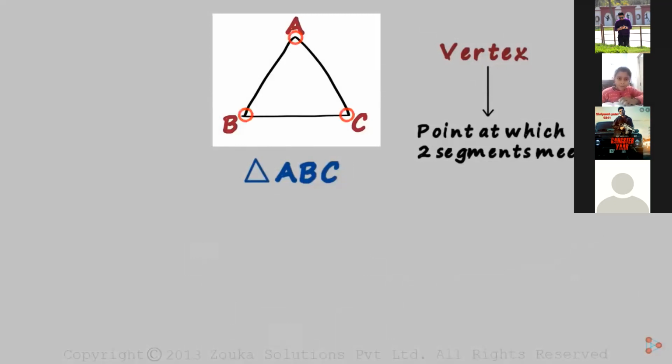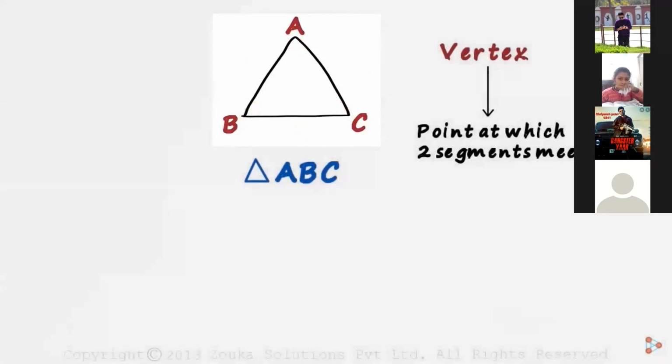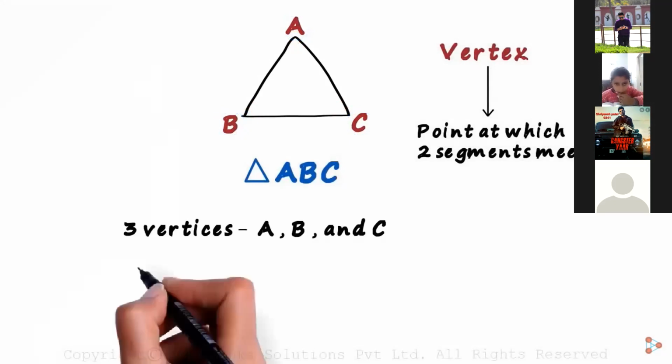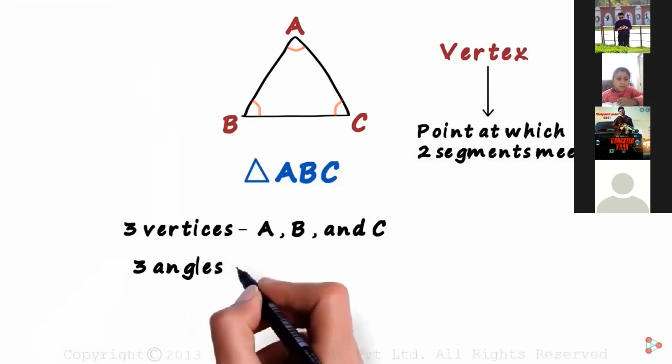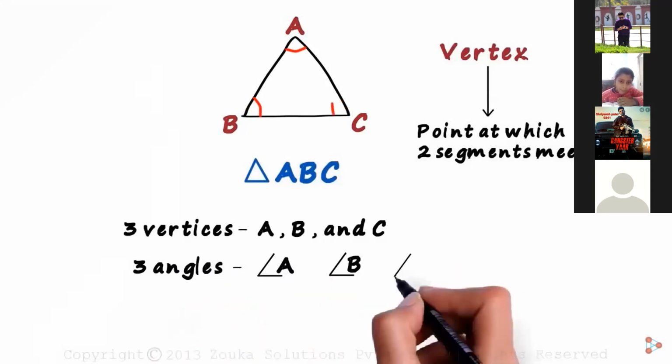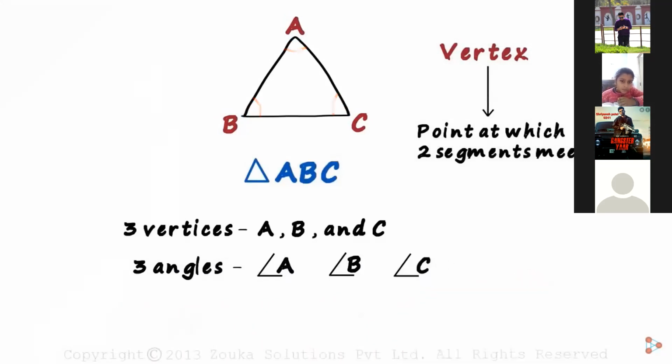You would see vertices, angles, and sides too. We have seen that they have three vertices A, B, and C. We know that an angle is formed when two segments meet, which means we have three angles here: angle A, angle B, and angle C. A triangle is basically a three-sided closed figure with three angles in its interiors.